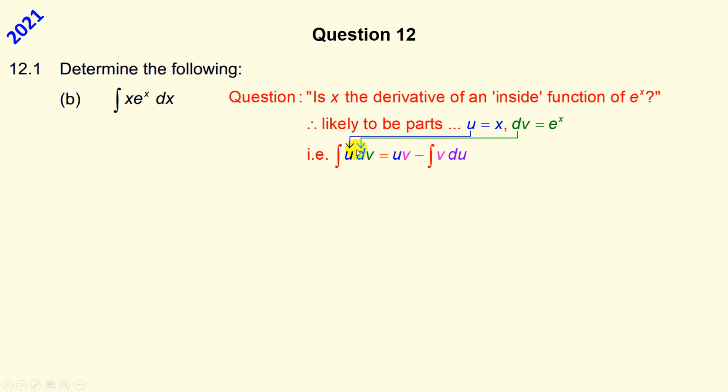V, well, we only know dv, so we can integrate it to get v. So there we are, integral of e to the x dx is e to the x. I'm not worrying about the c here, I'm just showing you the parts of the formula, and we won't put the c into the formula at that stage.